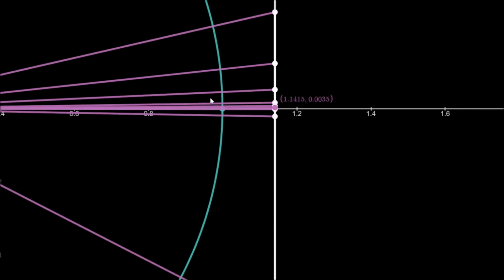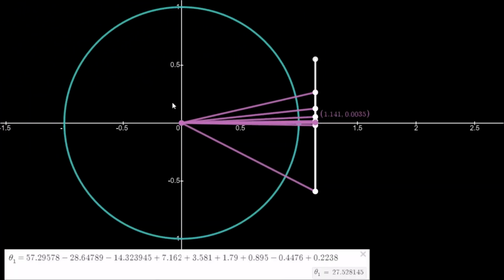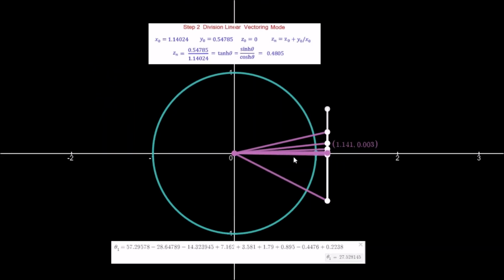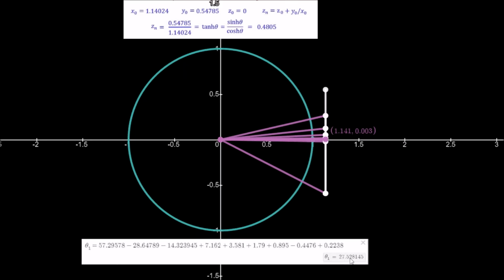But now what we have to do is generate the angle given by our Zn. Now I've already worked out the angles here, and I've already added on and subtracted them off, and we get these angles here, and that gives us a final angle of 27.528 degrees. So let me go ahead and I'll add and subtract those on just now.